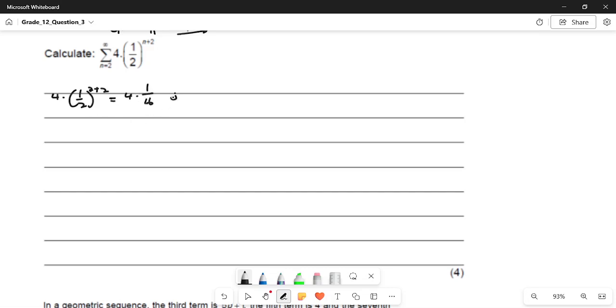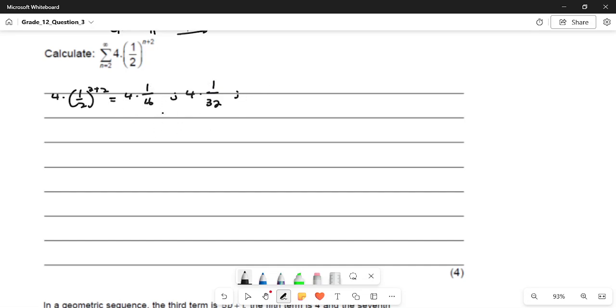And then the second term, we have 4 times. Now we'll substitute n equals 3. So we'll have 3 plus 2, which is 5. So a half raised to the power 5. I'll have 1 divided by 32. It doesn't matter about the third term.